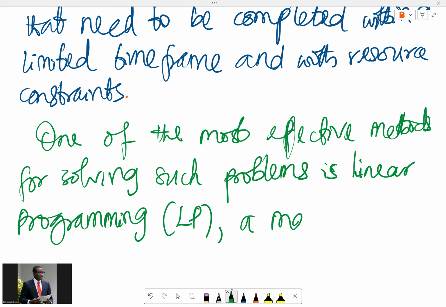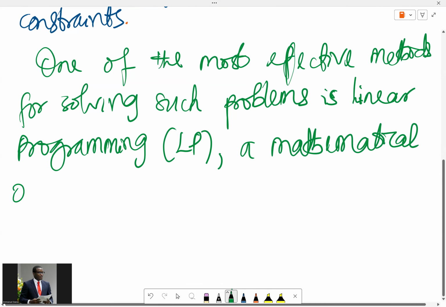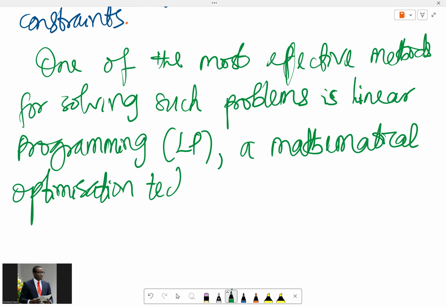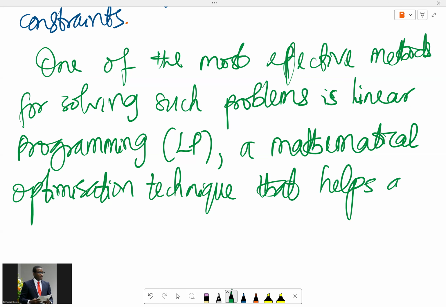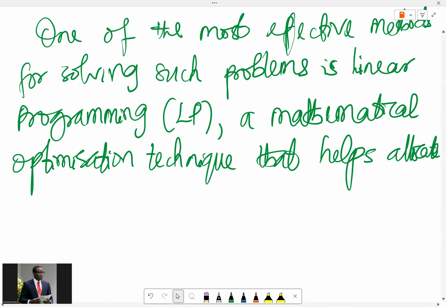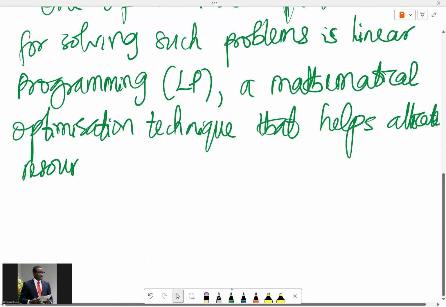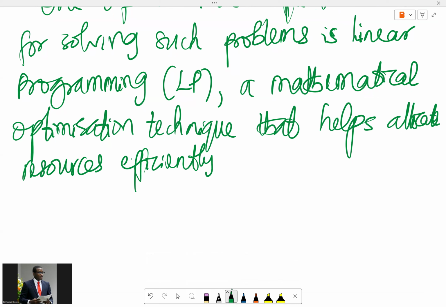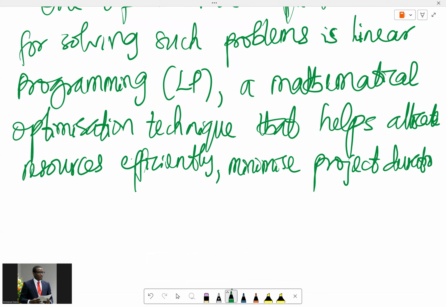So that is, of course, like we already know, a mathematical optimization technique that helps allocate resources efficiently, minimize project duration, or even reduce cost.